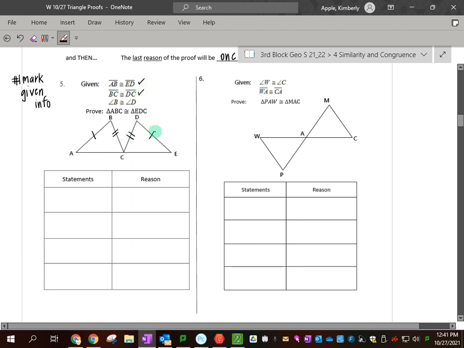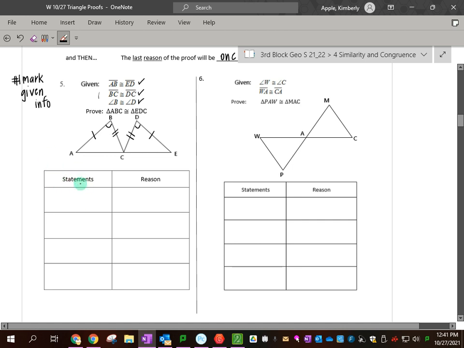That one's been marked. And then I'm going to mark that angle B is congruent to angle D. Wait, what about AC and CD? Those are not equal. Can you give me one of the reasons that I gave you earlier? Does it say in the given information that those things are equal? No, that's just something that we are assuming, and we can't do that, okay?